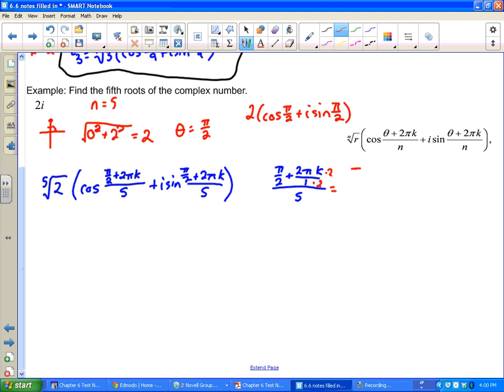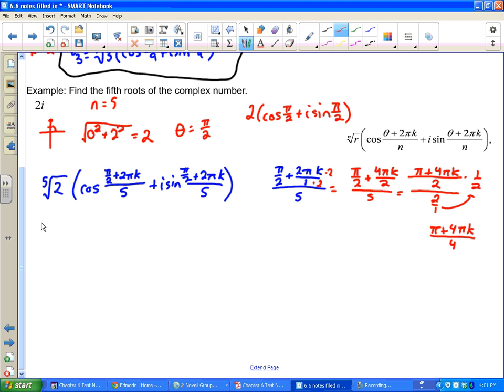So that's pi over 2 plus 4 pi k over 2, all over 5. And so that makes it pi plus 4 pi k over 2, over 5. We can flip this up and do times 1/2. So this is really pi plus 4 pi k over 10.